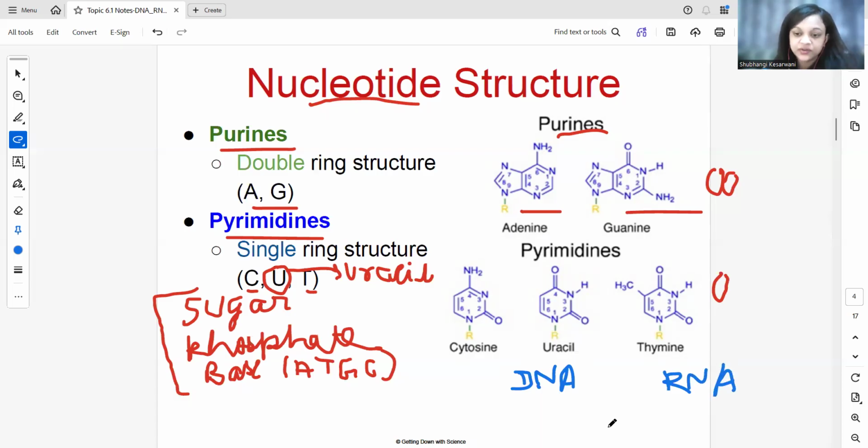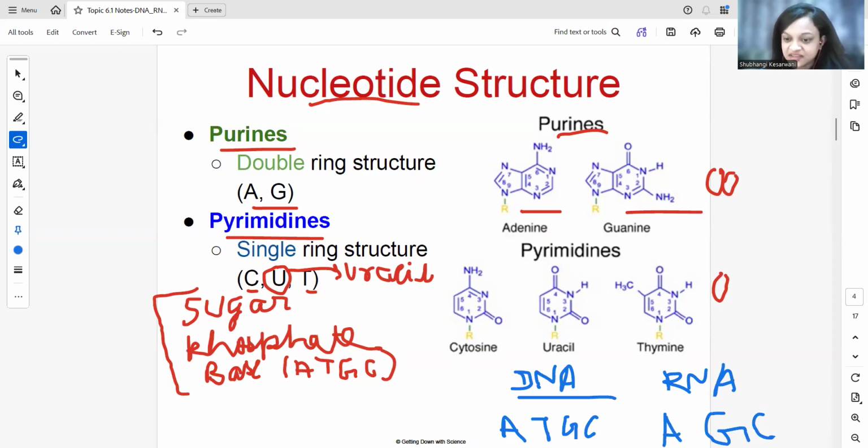This is very important, okay? So DNA has A, T, G, C, all these four bases. But RNA has A, G, C, but something is missing here, right?